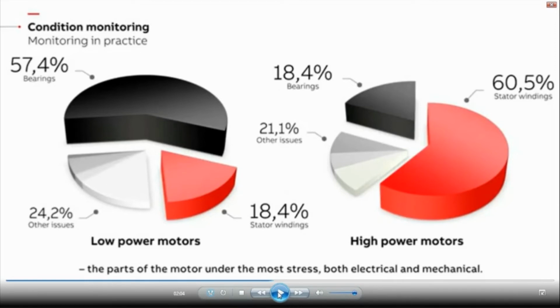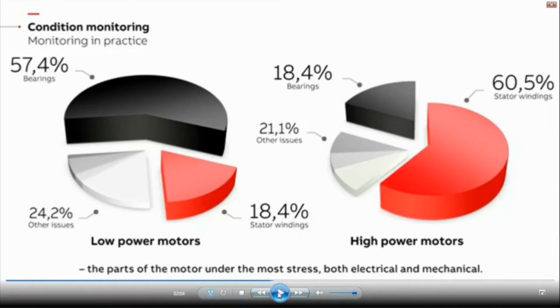So this is a case study which we are going through, that if we are doing condition monitoring of the motors, this condition monitoring is done both by online and offline data. As you all are aware, in the online system we have the latest technologies available, called IoT technologies, Internet of Things.